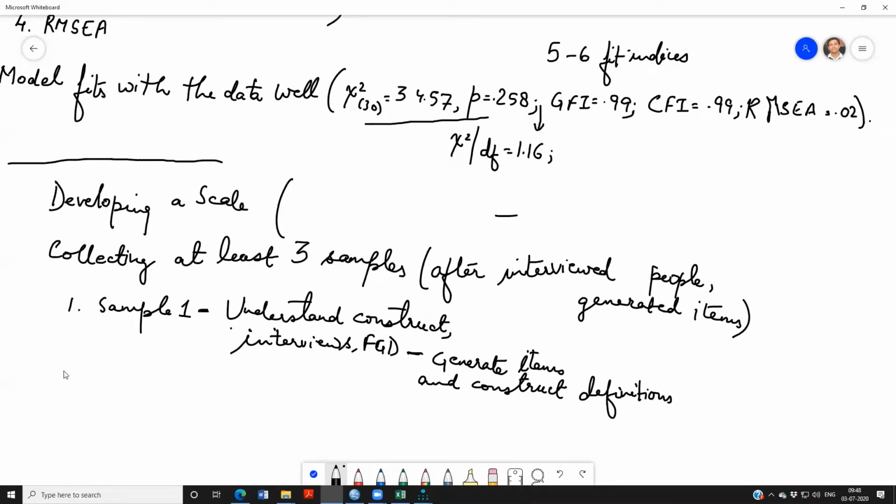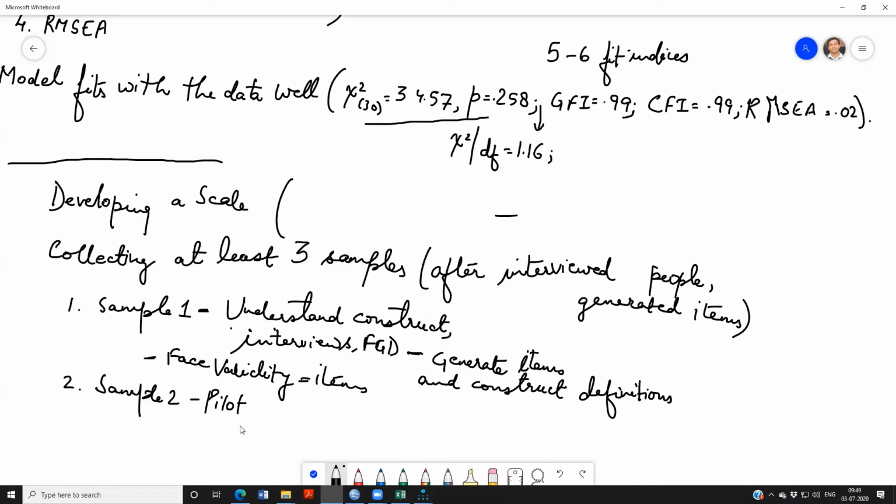Then, after you have done this, you will do sample 2, which would be a pilot initially. Once you have items, you will also administer them to at least 3 experts, to check the face validity of the items.